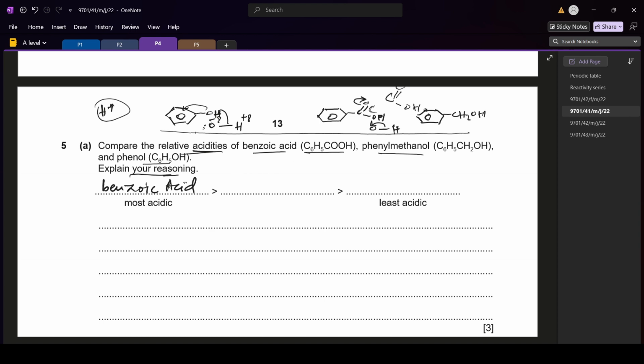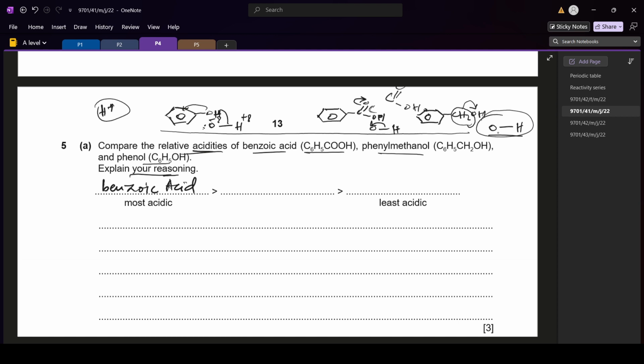So we have benzoic acid. Now we will compare which of them, phenol or phenyl methanol, is more acidic. Alkyl groups are electron donating groups, so it will donate electrons to the O. So there will be less polarization in the OH bond, and the OH bond will be strengthened.